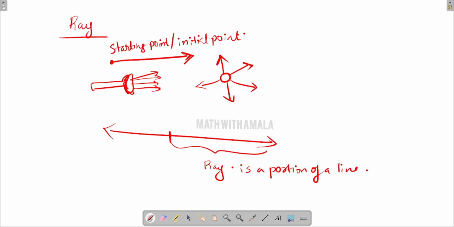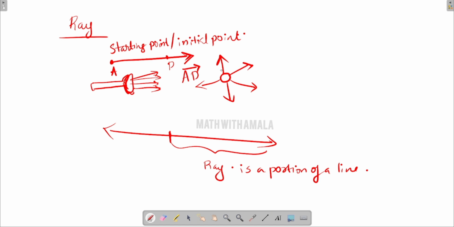It has a specifically mentioned direction, going to infinity. So we can denote it with the initial point as A, and you can give a point P or B here, and denote it like AP with a one-sided arrow. This is the notation for a ray.